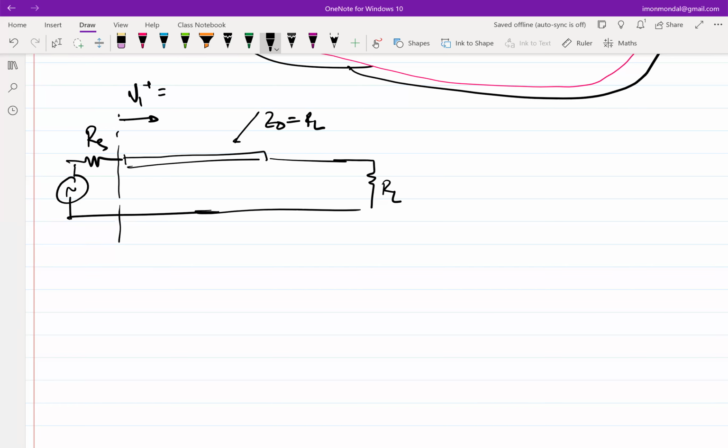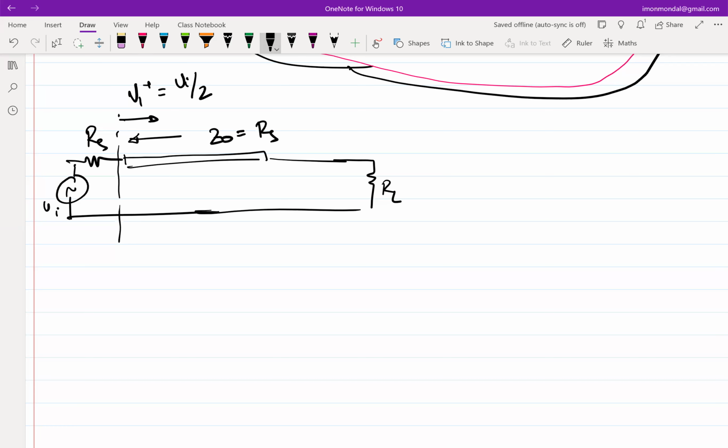This is again under matched condition, which is equal to Vi by 2, right? What is the reflected wave? No, I think I messed up. Sorry, let's do the one that is actually the condition. Sorry for this back and forth. So let's assume this Z0 is equal to RS, which is actually the case.